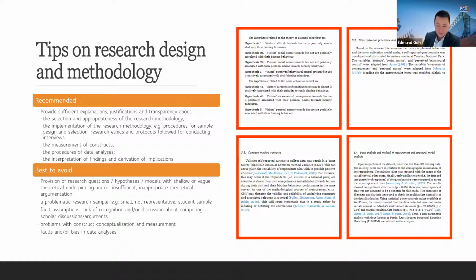It needs to be clear about the methods, such that the readers, not only the reviewers, can actually understand and judge the robustness, and understand the confines when interpreting the findings. So that's something that's important.